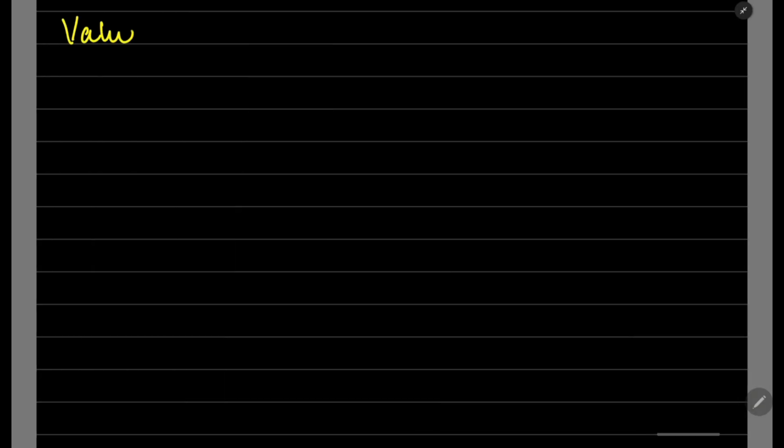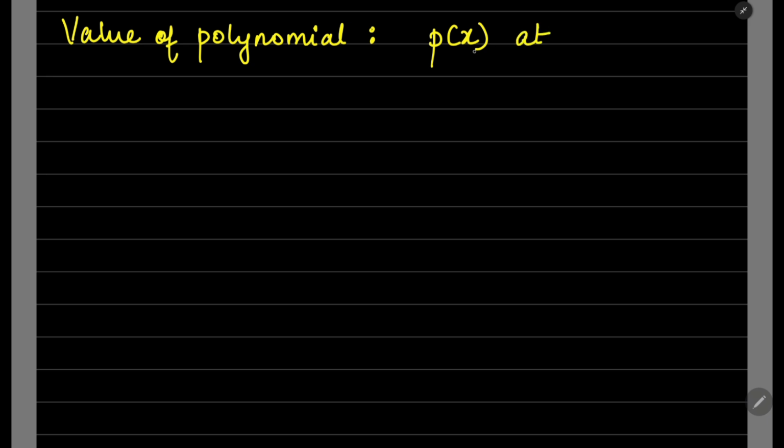What do you mean by value of a polynomial? Suppose your polynomial is, say, p of x. So it is a polynomial with x terms in it. And the value of this particular polynomial at x is equal to a is obtained by substituting a in place of x.